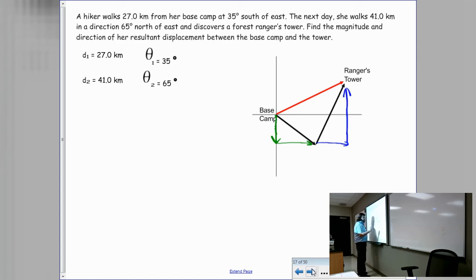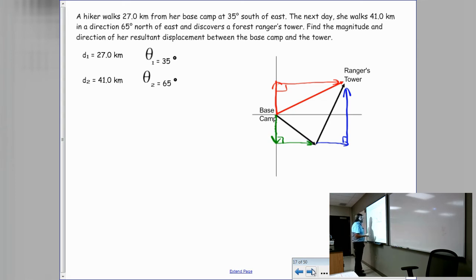So we can see how we get two right triangles from our initial motions. The final resultant vector, which is red, also can be resolved into the addition of the components. It can also make a right triangle there, and the red triangle is going to be our final answer. That's where we want to get to entirely.